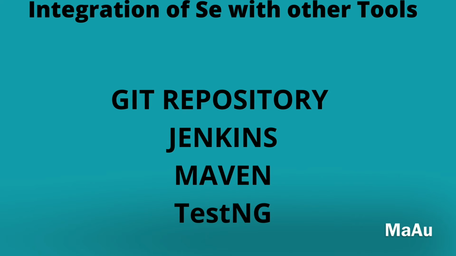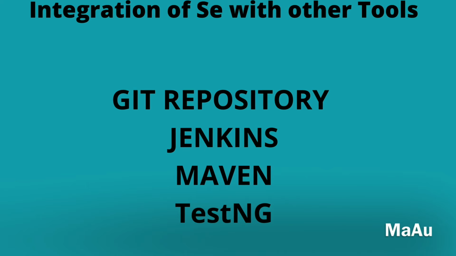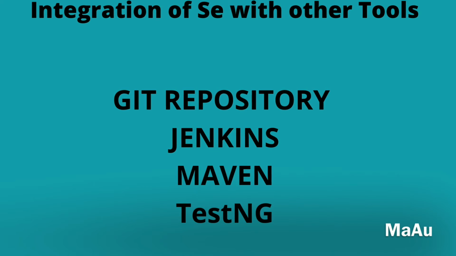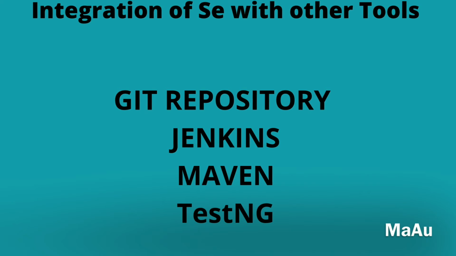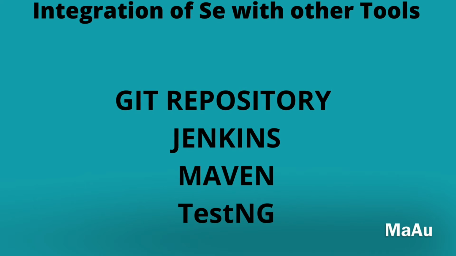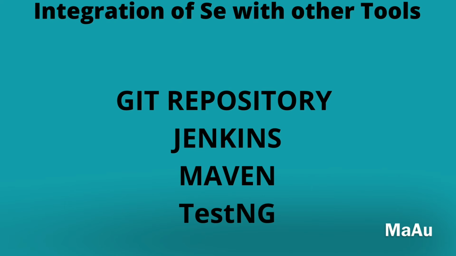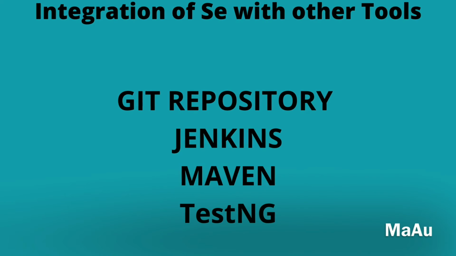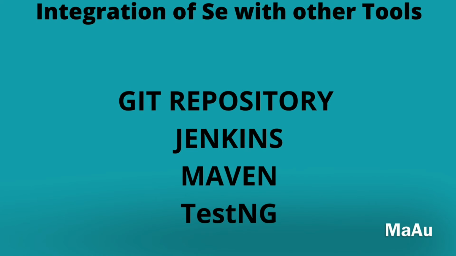How to commit and push the code, I will make another tutorial for that, but for now let's get the basic idea that once the code is ready to test, Jenkins with Selenium can be integrated so that test automation can be executed.